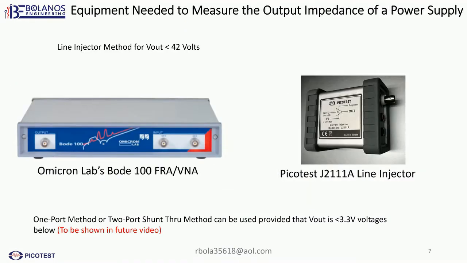Okay, so this is the equipment that I used to measure the output impedance. I'm using the Picotest J2111A line injector, and this injector is good if you're measuring a voltage anywhere from 1 volt all the way to 42 volts.